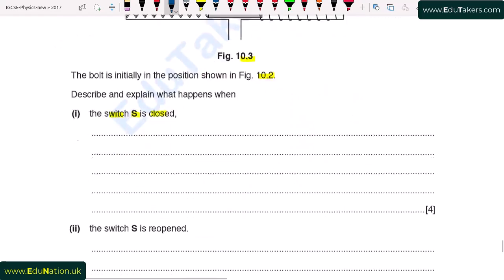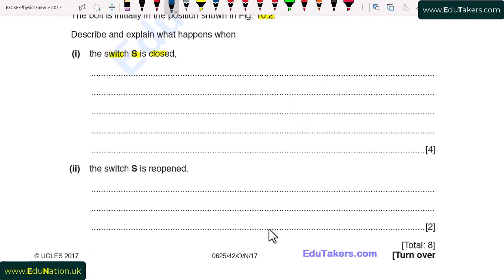So I write here, when current flows in the solenoid, then it gets magnetized.